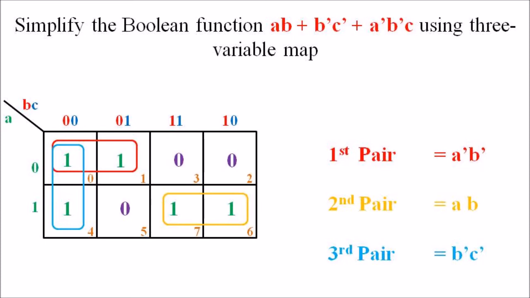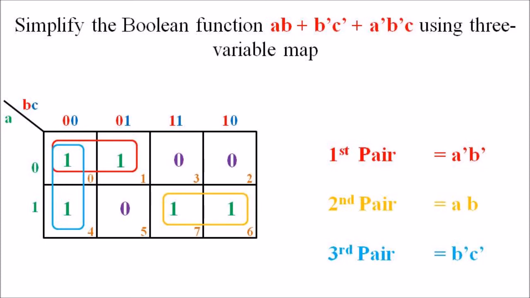That is, the value of B is 1 in both cells 6 and 7, and the value of C is 1 in cell number 7 and 0 in cell number 6, so C changes from 1 to 0. The unchanged variables are A and B. Thus, the reduced form of the second pair is AB, since the values of A and B are 1.